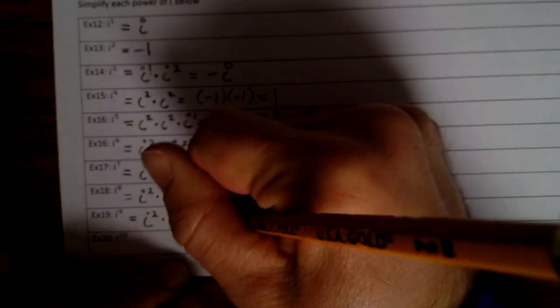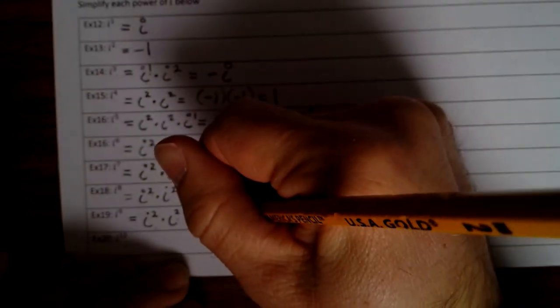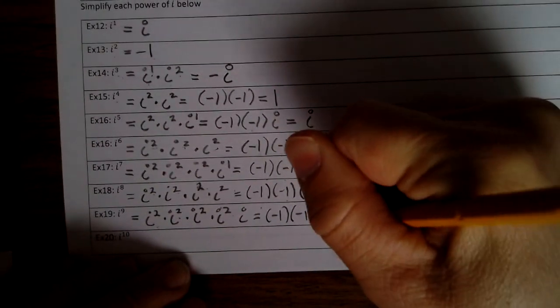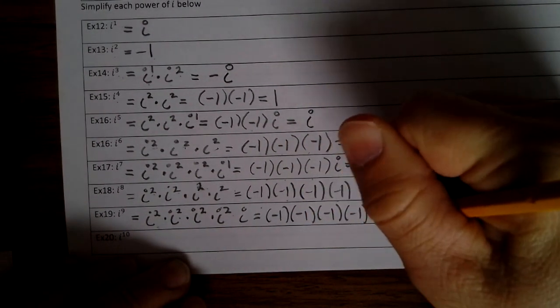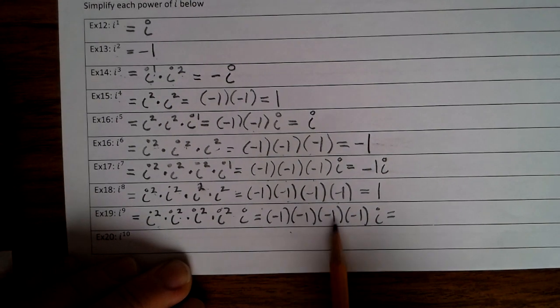So 2, 4, 6, 8 times i. So that's -1, -1, -1, -1, i. That becomes +1 times -1 is -1 times -1 is +1, so that's 1i.